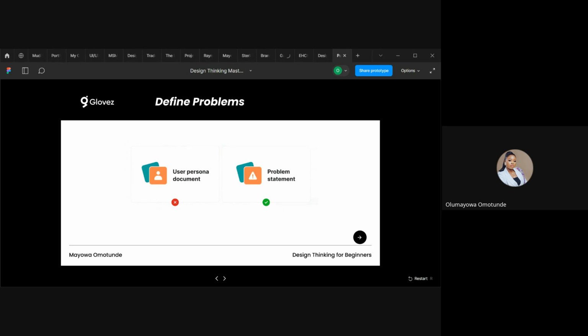Any other competitors come to mind? Anybody? Pampe. Mm, I like the angle Miracle is coming from. Any other competitor?